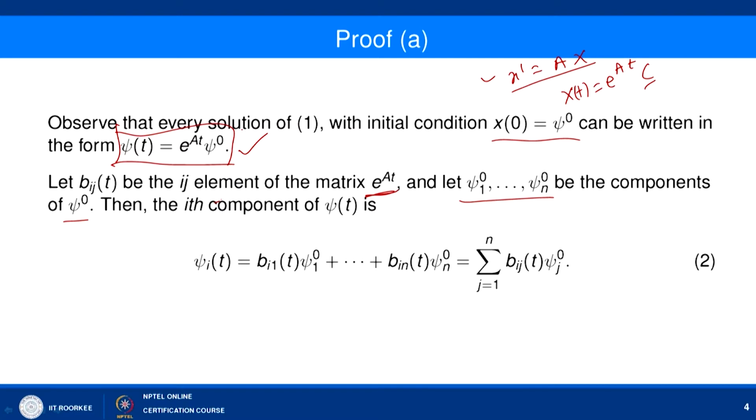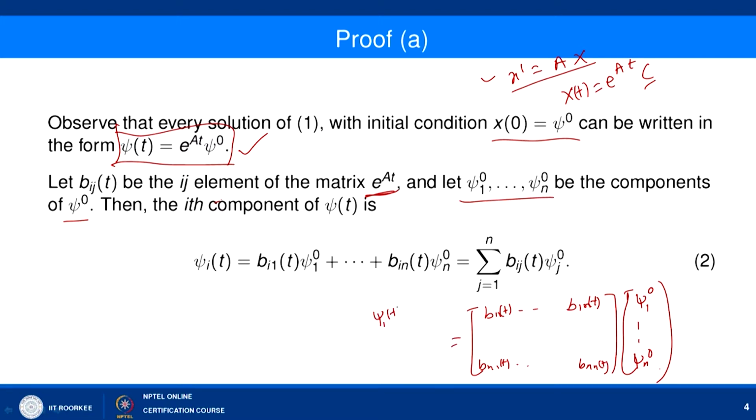So, here let me write it: this is the matrix b_ij(t), and psi(0) I am writing as psi_1(0) to psi_n(0). So it is something like b_11(t) to b_1n(t), and here it is b_n1(t) to b_nn(t), and here we have psi_1(0) to psi_n(0), and this is your psi_1(t) to psi_n(t). So, if we look at the ith component, then I can write psi_i(t) as the ith row multiplied by this.